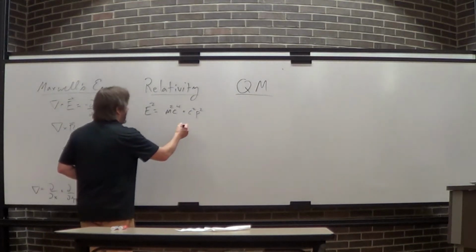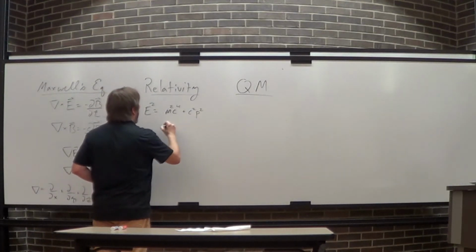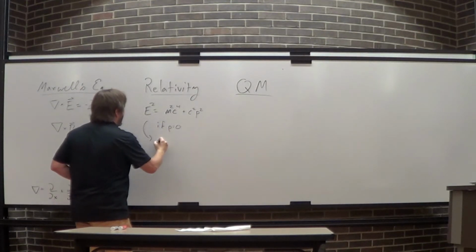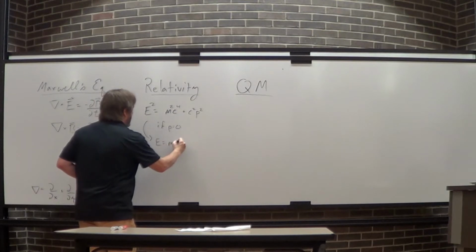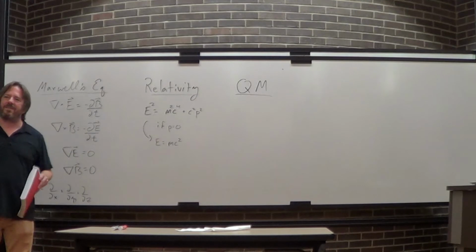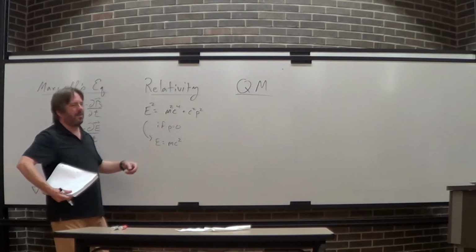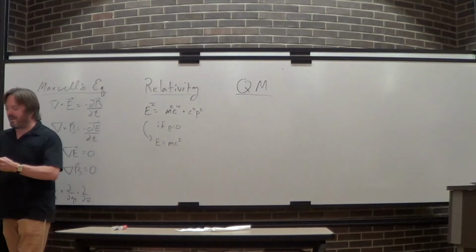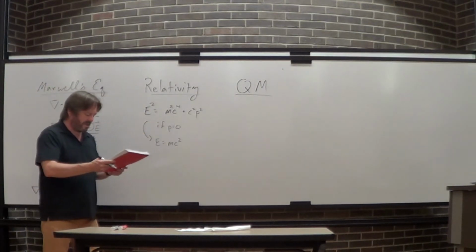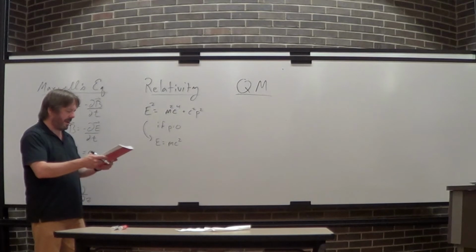Notice that if p is 0, then this reduces to E equals mc squared. So only for an object not moving; p of course is momentum, mass times velocity. For an object not moving, E equals mc squared, and we present it like that because it's easy, but ultimately this is the correct equation.